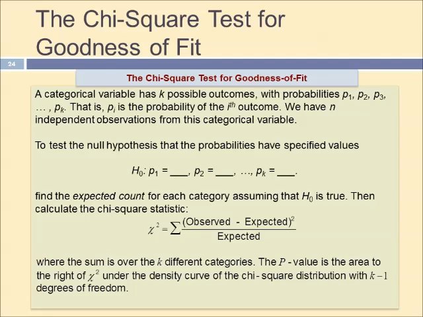First, find the expected count for each category, assuming the null hypothesis is true. Then, calculate the chi-square statistic, the sum of the observed minus the expected squared over expected. And once again, the p-value is the area to the right of the test statistic chi-square under the density curve of the chi-square distribution with k minus 1 degrees of freedom. That is, if we have k possible outcomes, it's the number of outcomes minus 1.